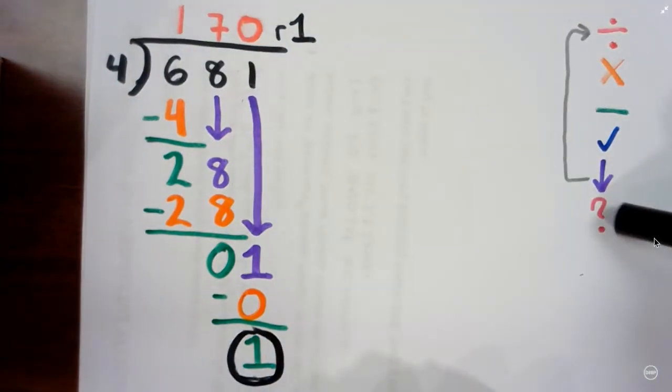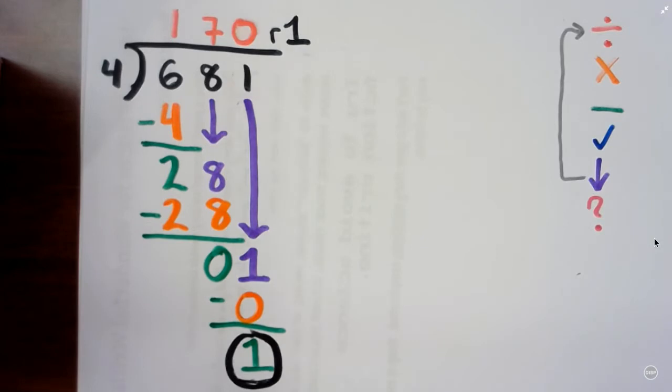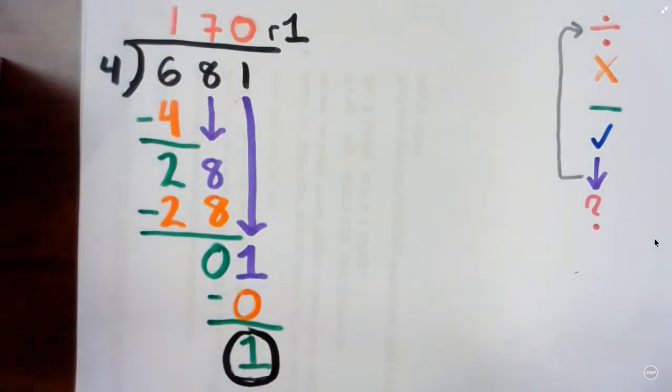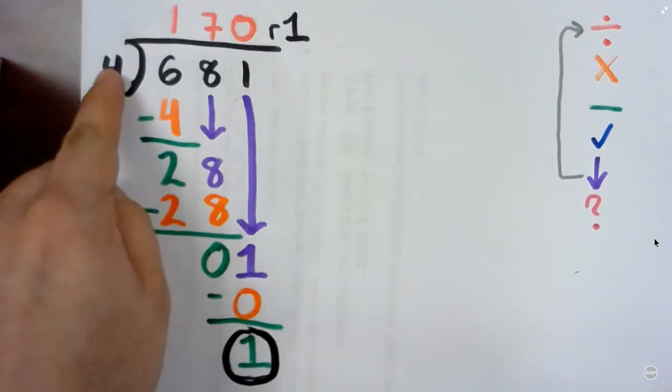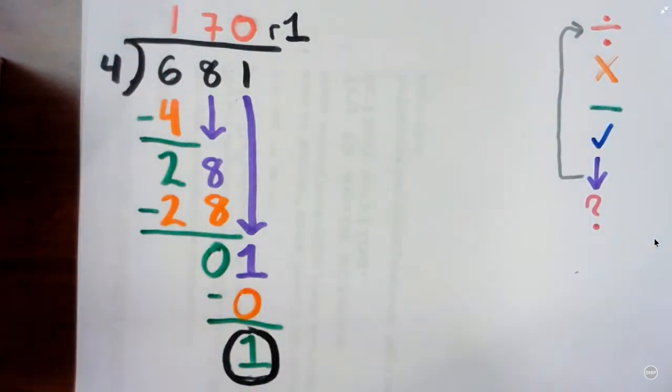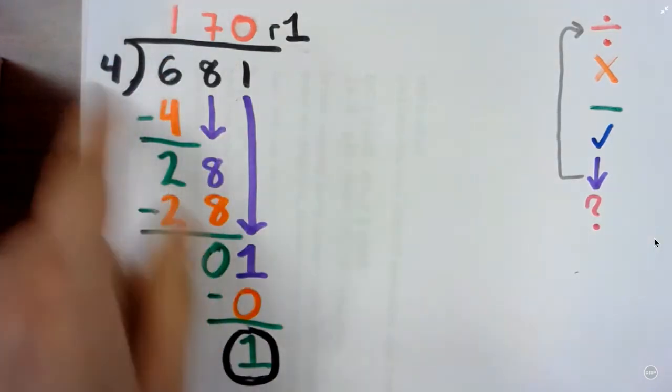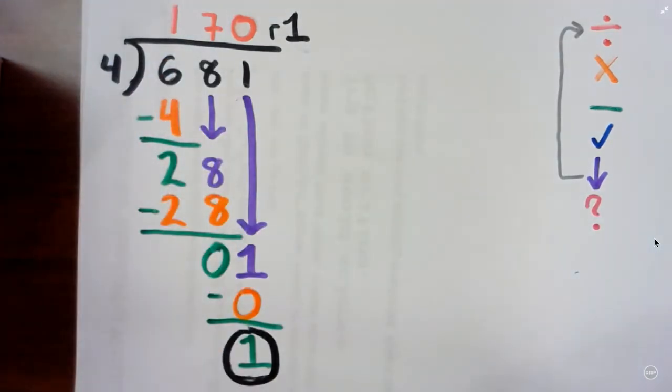We're not done, though. We have to remember to ask ourselves, does my answer make sense? Well, let's see, 170, that's kind of close to 200. I could round that up to the nearest 100. So 200 times 4 is 800. That's a little bit higher than 681. But maybe I can just break this up. 100 times 4 is 400. 70 times 4 is 280.